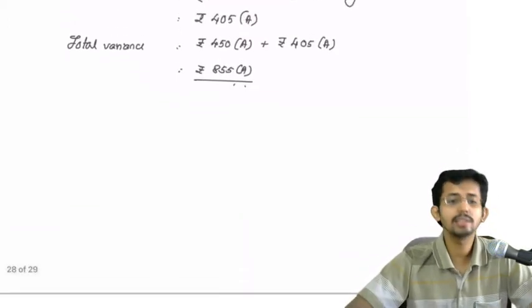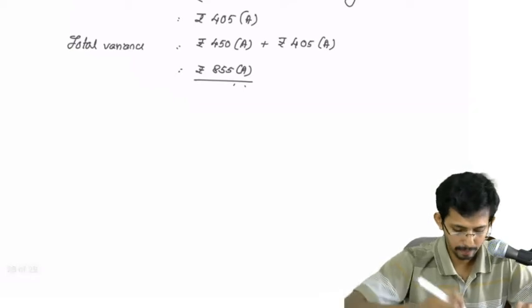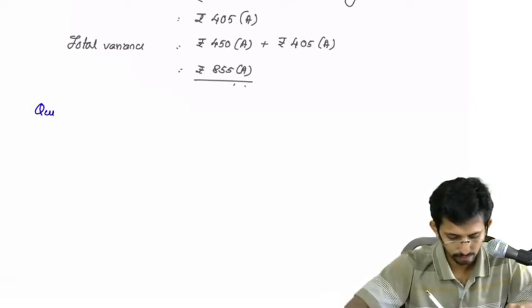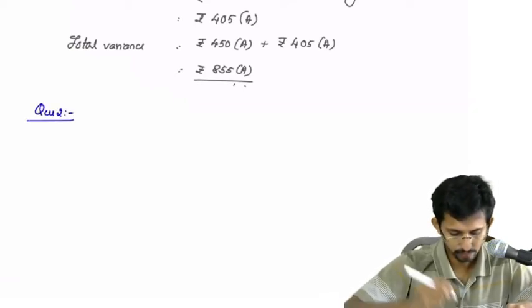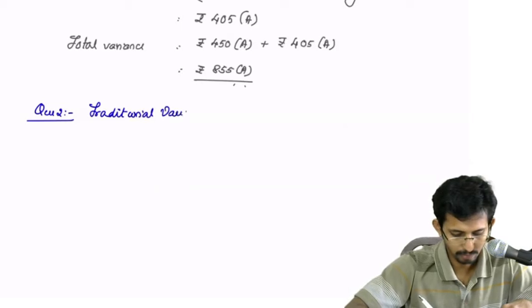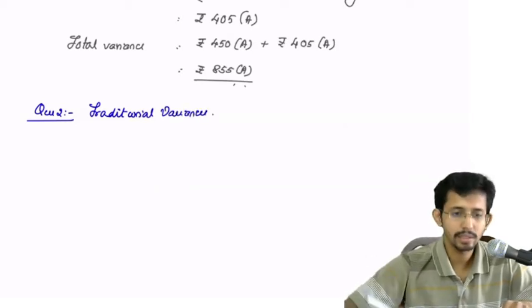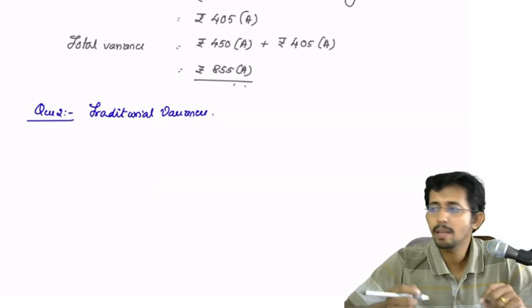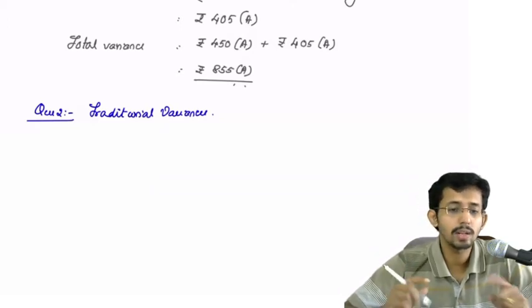So first is the traditional variance. Since it is a material, you may have usage variance as well as price variance.